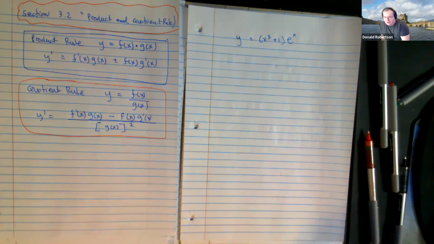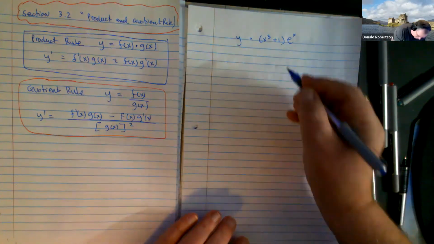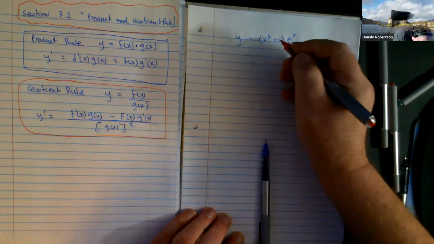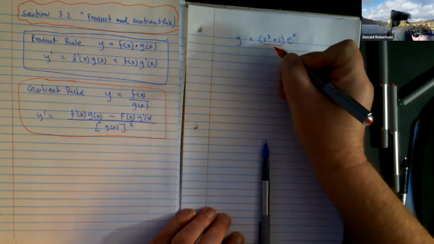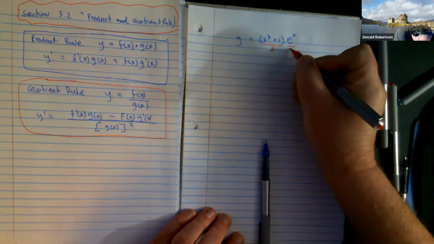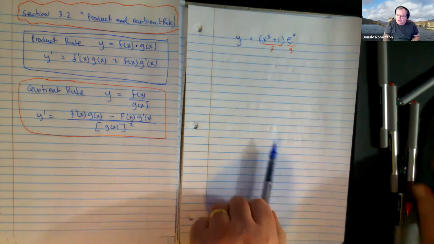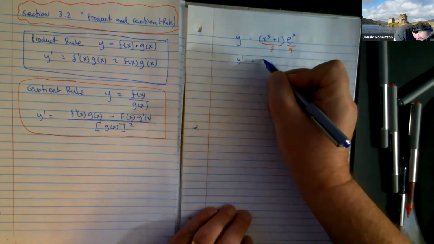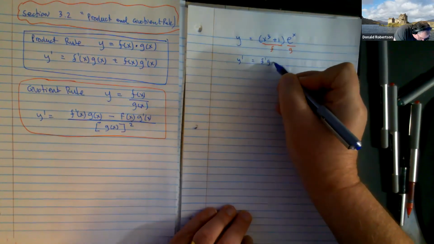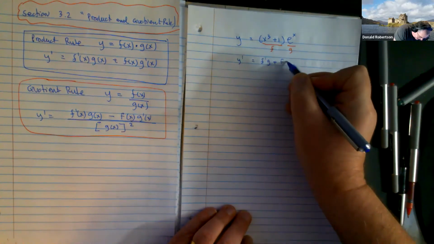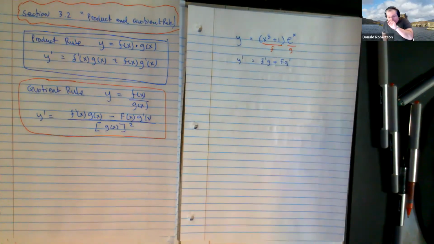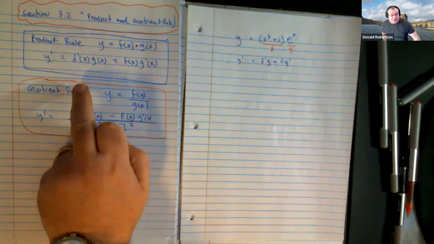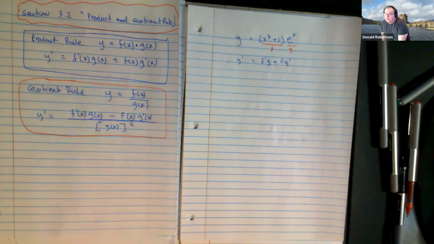If you put it into a graph, you'd see it was quite different looking than either of the two bits. Now, until I get comfortable, I identify who the f and g are going to be. And when I write down the formula, I tend to miss the x's. Are you comfortable that that's the same thing, but without all the x's? It just makes it easier to write a formula.